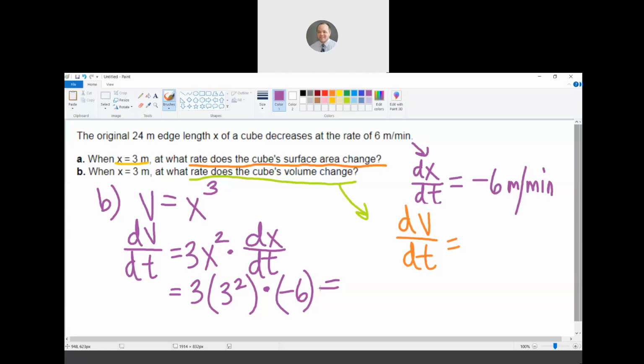Now, when we multiply everything together, we get -162. So the rate that the volume is changing with respect to time is -162 cubic meters per minute.